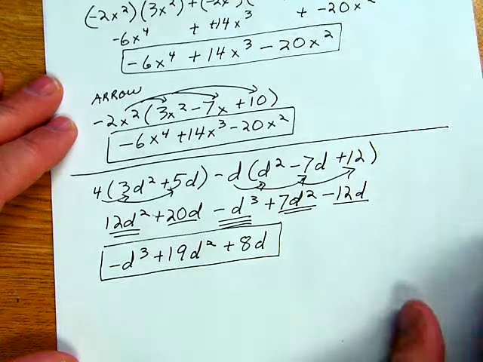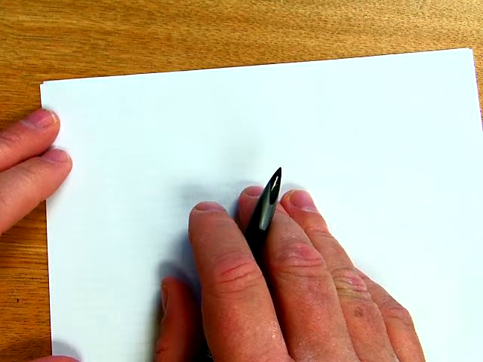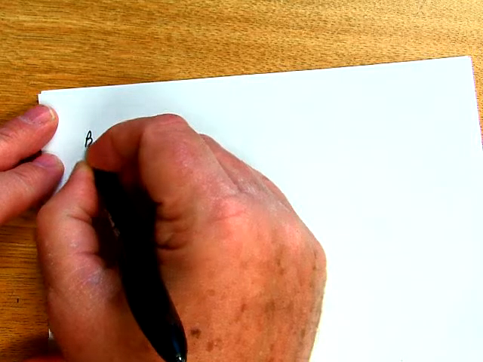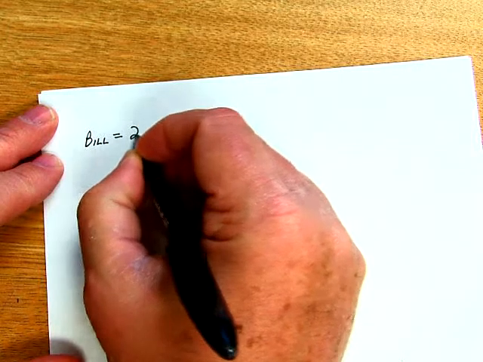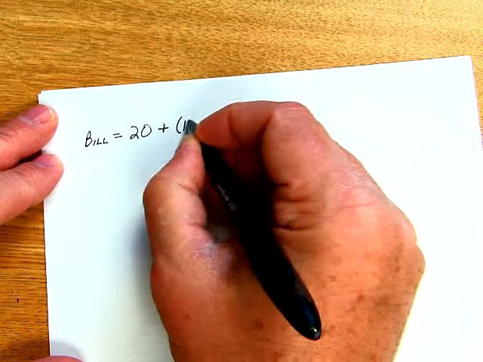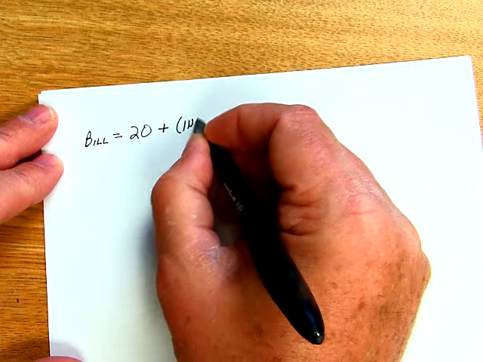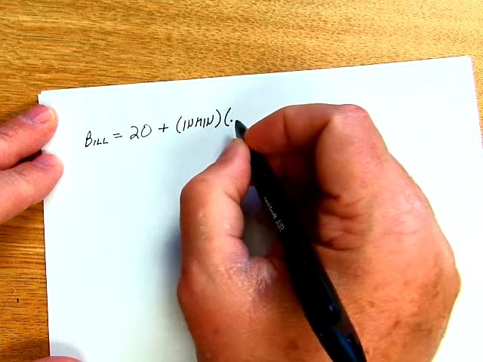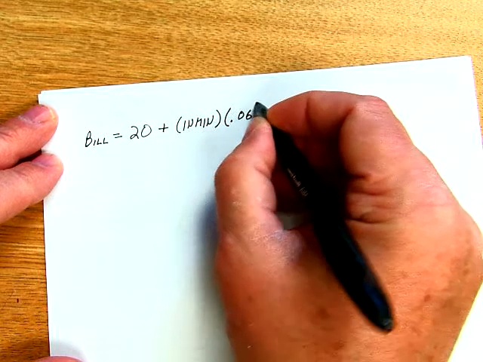Okay, let's try one more. Let's give an example. Let's say you're given a bill from your telephone company, and the formula for your bill is: my bill is equal to $20 I pay no matter what, plus I have my in-state minutes, I'll call those in minutes, times, let's say, 6 cents for every in-state minute.